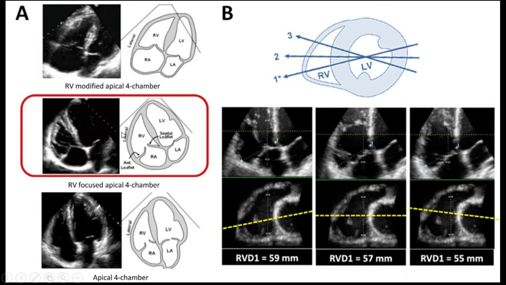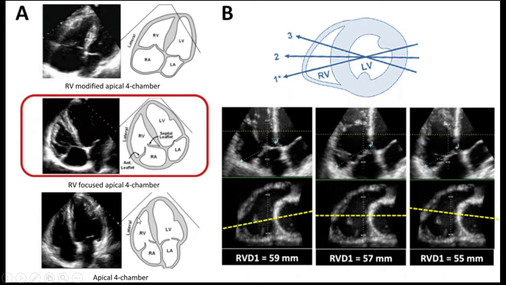But in this image, as you notice, this is a foreshortened view of the heart. That is not right. If you have a good image of the complete right ventricle in apical four-chamber, that is fine, you can use it. If not, when you go for RV focused apical, just make sure you are not foreshortening the heart.